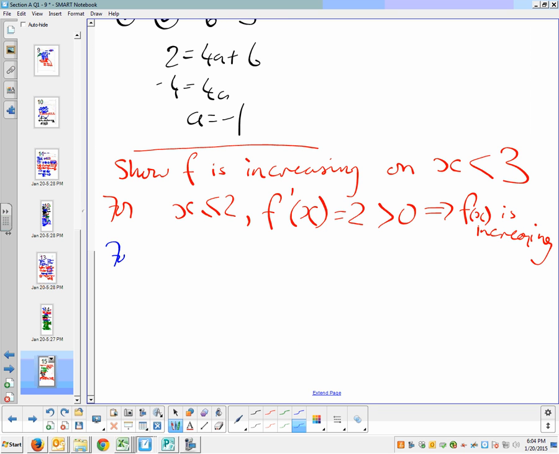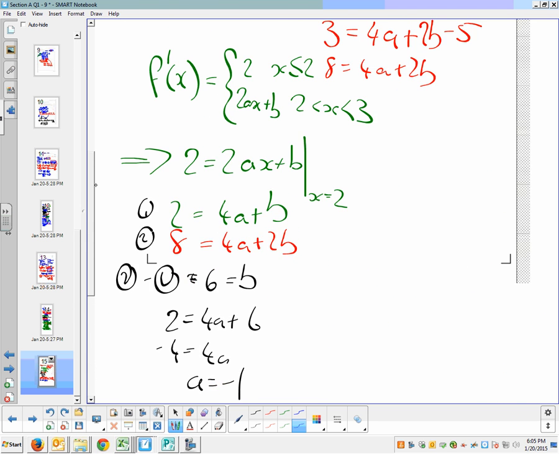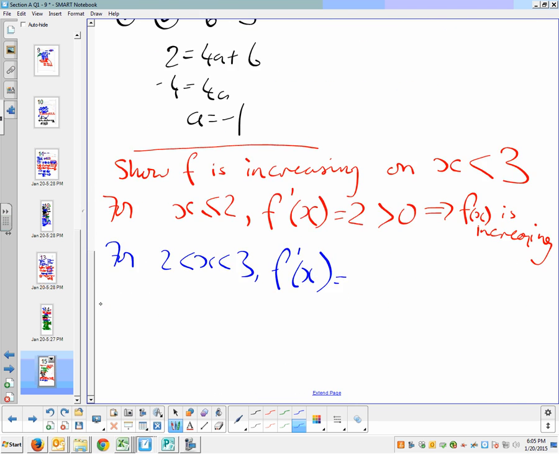And for x between 2 and 3, f dashed of x is equal to, we already worked it out, 2ax plus b. But now I have values for a and b, so it's minus 2x plus 6.